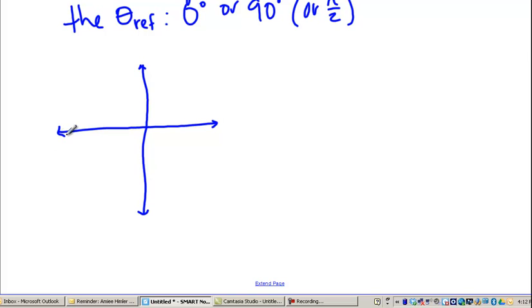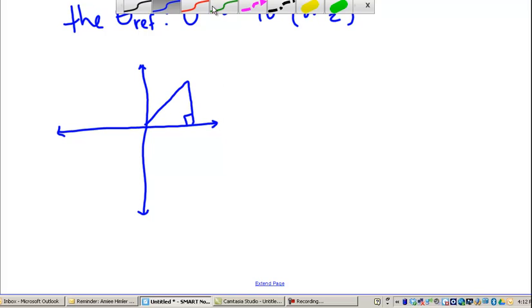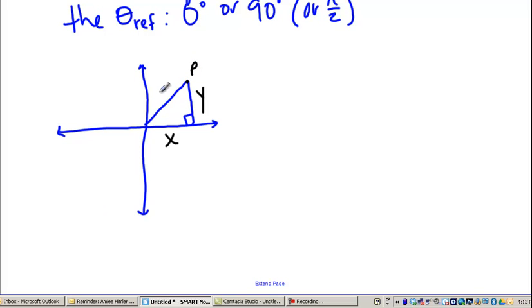If I was to make a triangle, this would be my x, this would be my y, P would be my point, and then R, I want y'all to get in a habit of that because R is our radius of our unit circle.